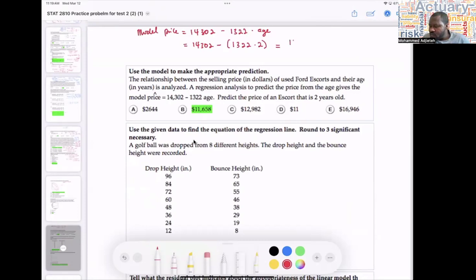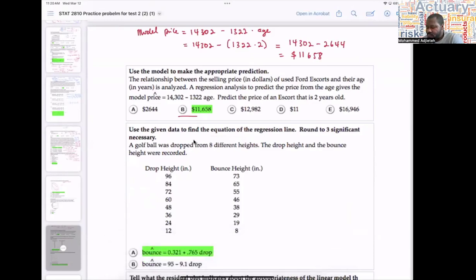So that's the same as 14302 minus 2644, which gives us 11658. And so that is B. Here we are given the model, and we are also given the age to predict. So that is that. Let's proceed.